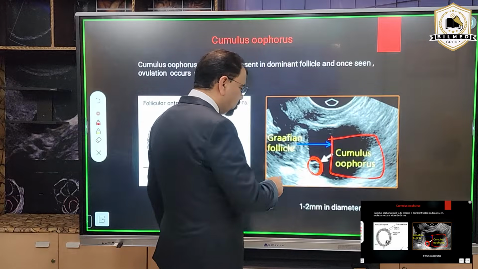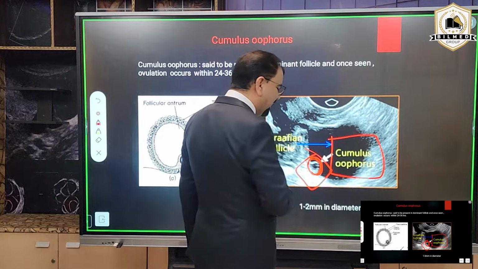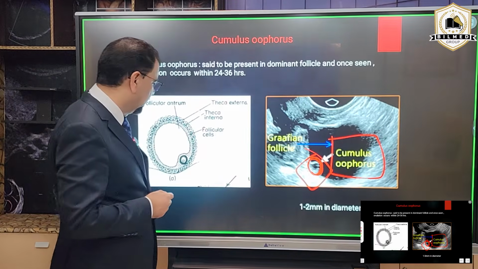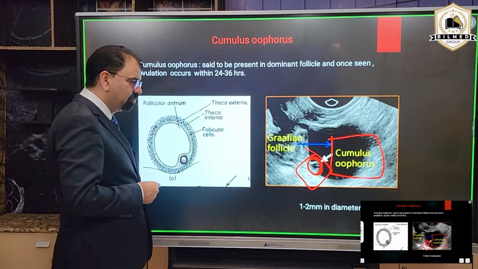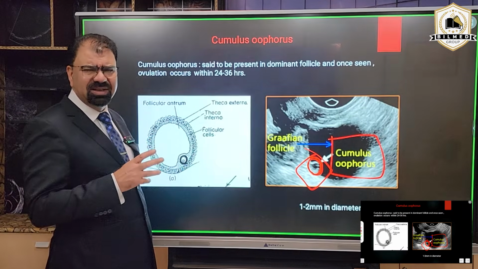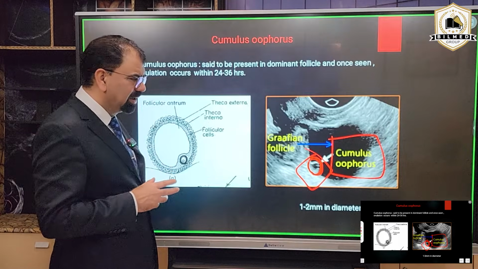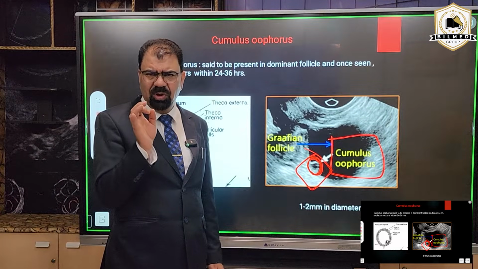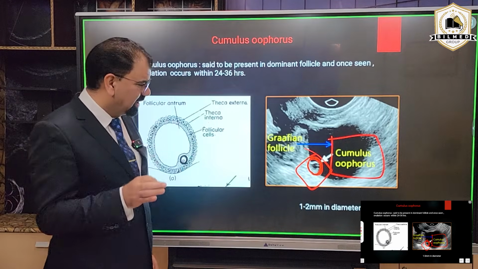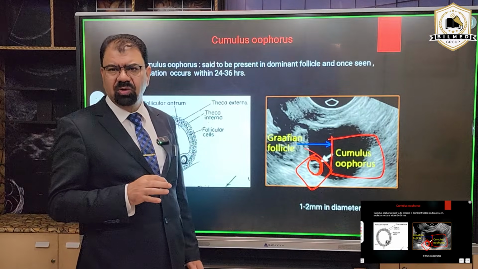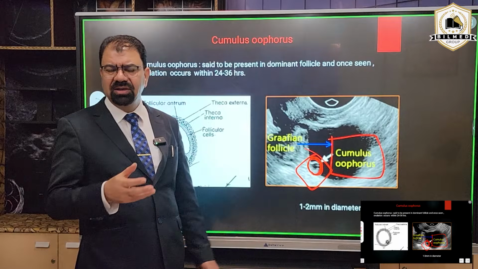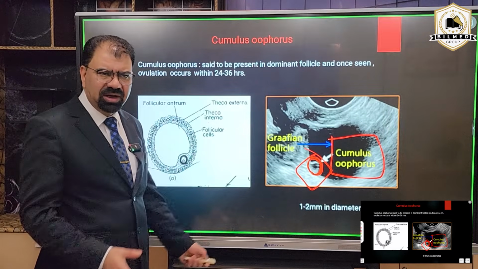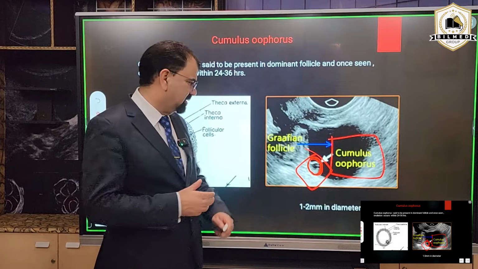It is not always seen, but if it is seen, we are now having a high-end machine, and if you are seeing a small cystic-like structure in the follicle, that is cumulus oophorus, and this follicle is about to rupture in one or a max of 2 days.